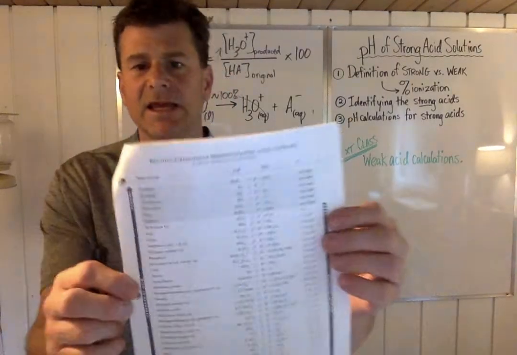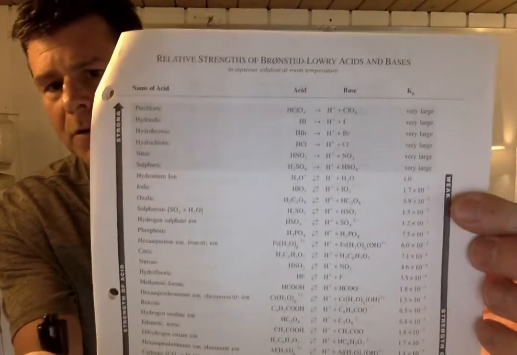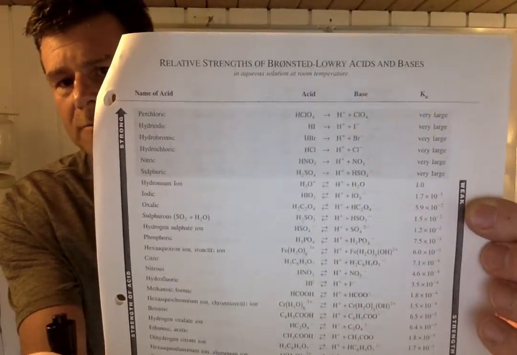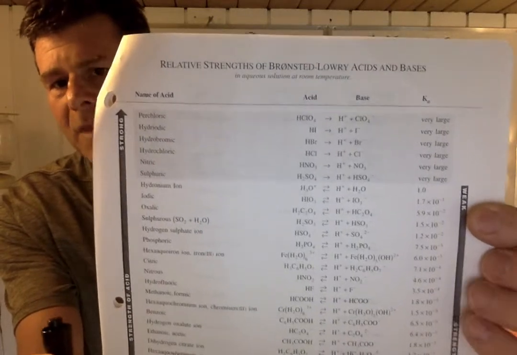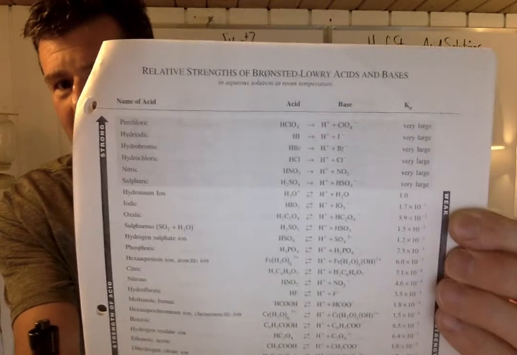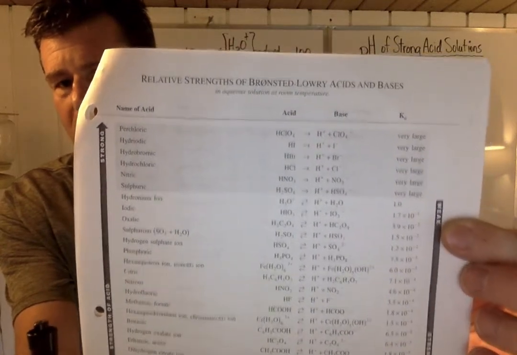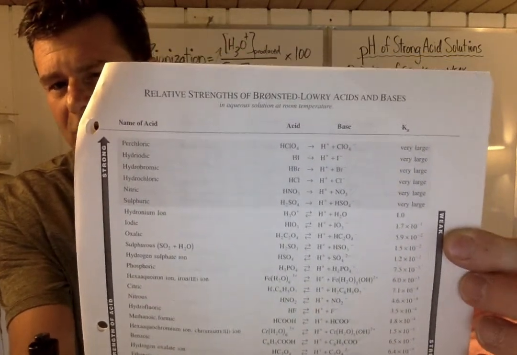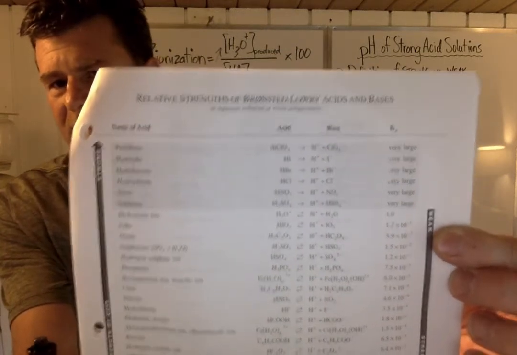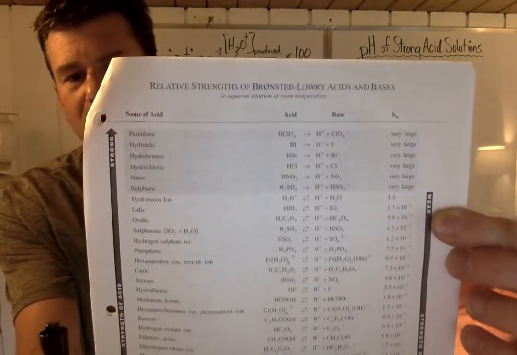You can see that up at the top of that data booklet, there are 6 acids. They have their names, they have their formulas, they're shaded gray. And if you look at the arrow, it's a one-directional arrow towards the products. Underneath the title Ka, it says very large.